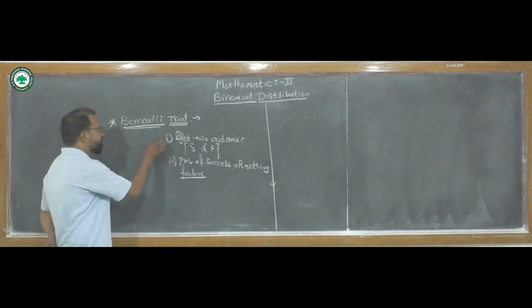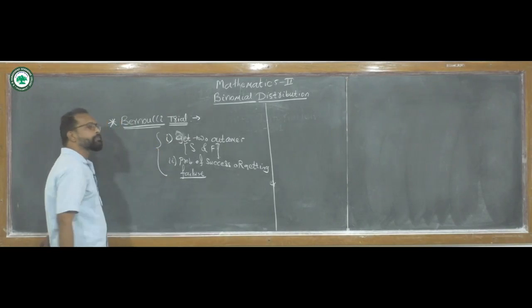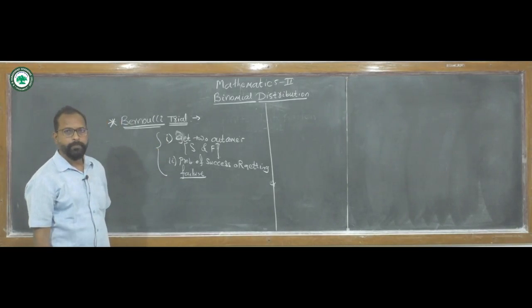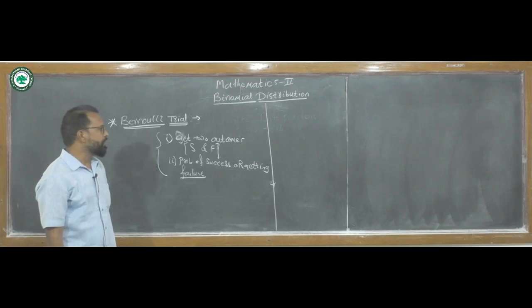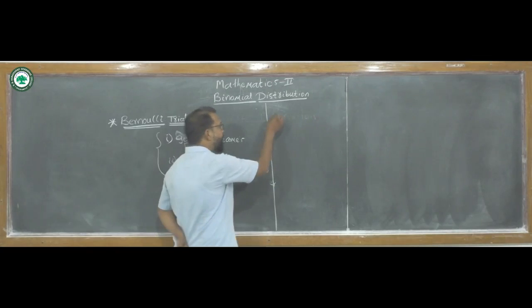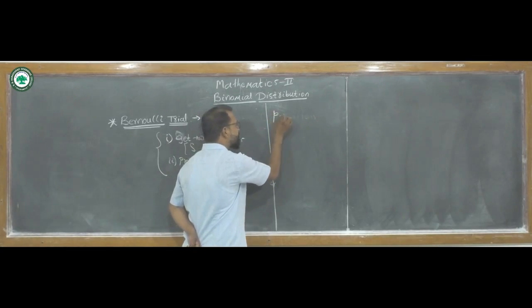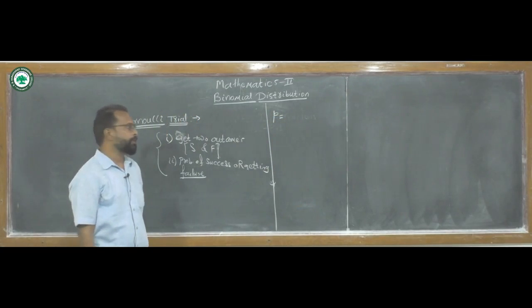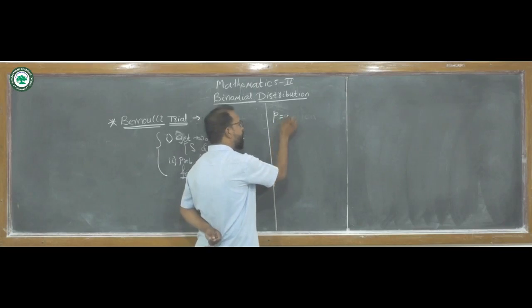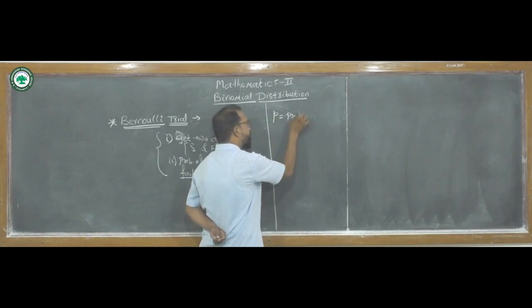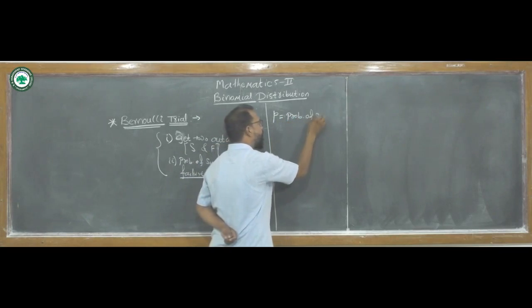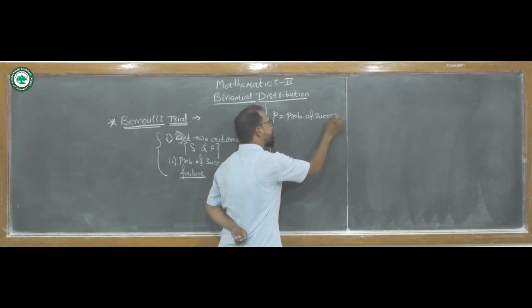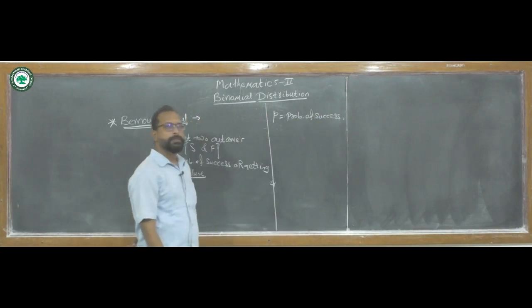Such a trial is called a Bernoulli's trial. Now in Bernoulli's trial, the probability of success is denoted by small p. That is, we write small p equals probability of success.